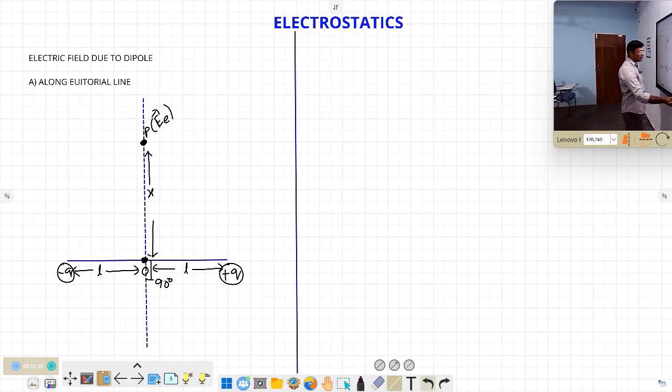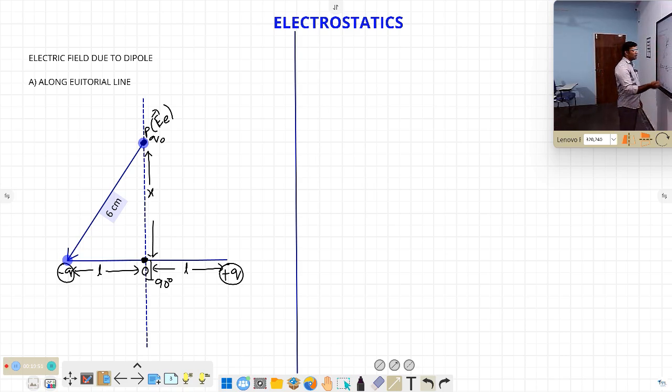To identify the direction, first imagine a test charge at point P, which is always positive, to find the direction of the electric field due to both dipole charges. One is minus Q. The negative charge of the dipole attracts the positive test charge, so this is the direction of the attraction, the direction of the force and the electric field.